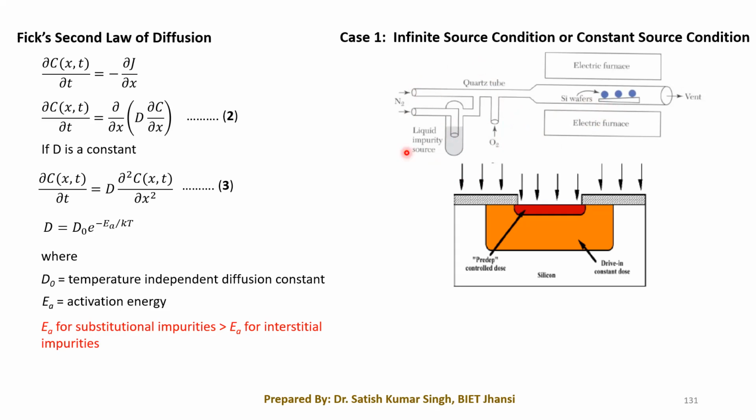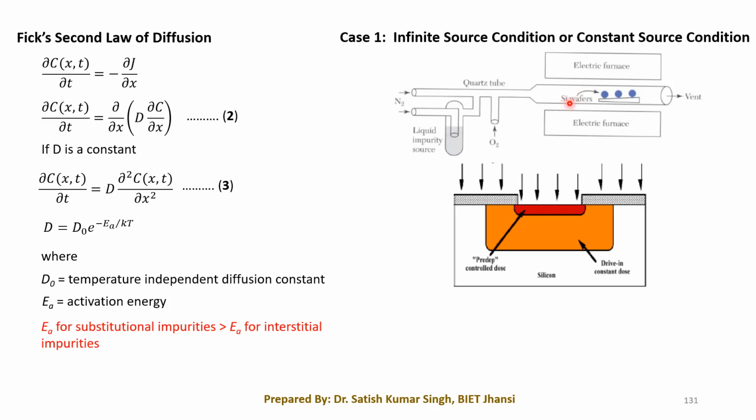From that source material we send our impurity atoms towards this chamber when we want to start the diffusion process. So initially we keep on supplying all the impurities which we want to diffuse into this diffusion furnace.